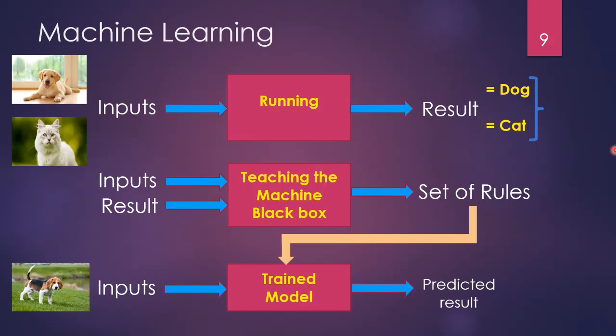I mean, you have not seen a dog only from the front, you have seen it from the back and from other sides as well. And that's actually the set of examples that we are talking about, which need to be pushed into a machine also. If I want, the machine will also learn in the same way. Okay.